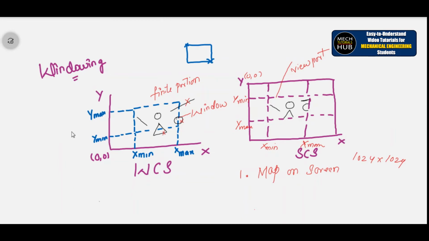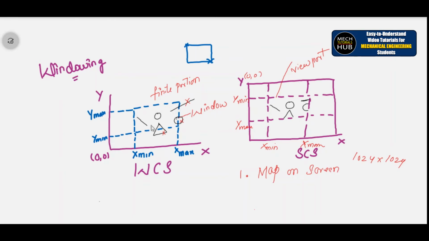The important terminology you need to remember is that windowing is a finite portion of an infinite world. Let us imagine this as the finite portion. If this is a finite portion, we call that a window.